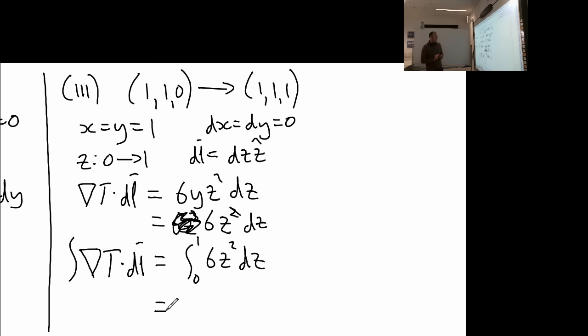Now we take this integral, we're going to get 6z cubed over 3, so we're left with 2z cubed, so we're left with 2.